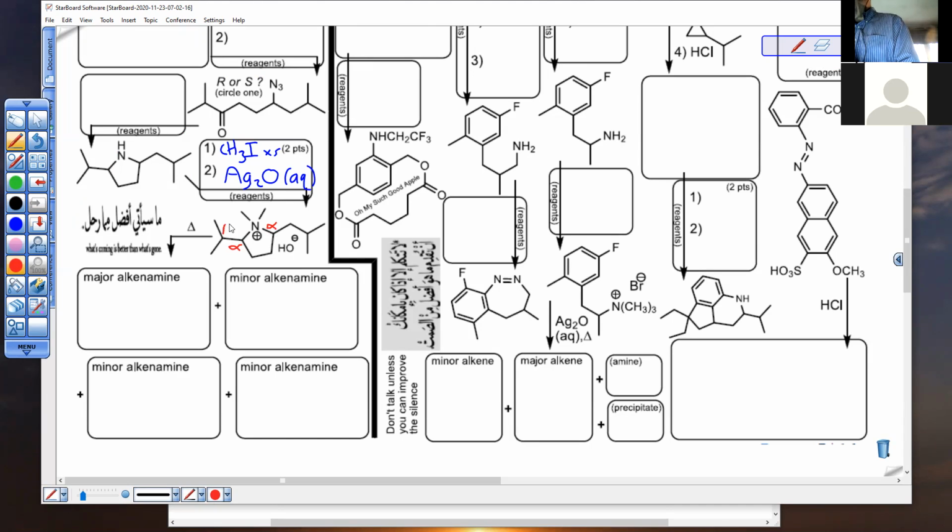I think this will be minor after I take the beta H here. And I think this beta position will be major when I take this H away here. And the reason is this reaction is governed by steric hindrance. And this H is easier to approach. So my major alkene will be between alpha and beta.